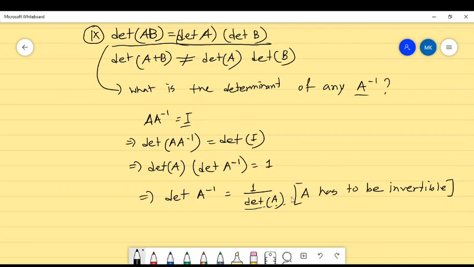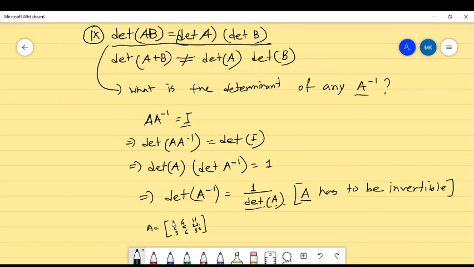So A has to be invertible in this case, and the determinant of any inverse matrix is 1 over the determinant of the matrix A. So if I give you a matrix, let's say A: 1 2 3, 4 5 6, 11 22 33.